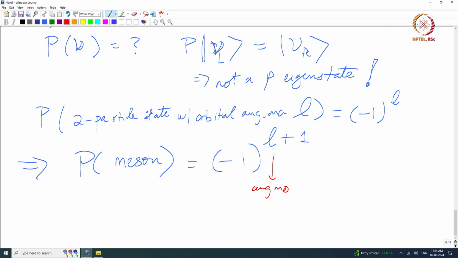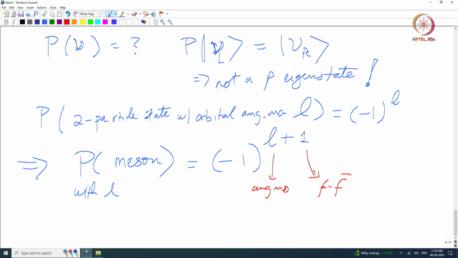I should probably have said a meson has angular momentum L. This part comes from the angular momentum, but a meson is also a fermion antifermion pair, so that is a minus 1. So a meson bound state overall has (-1) to the power L plus 1.